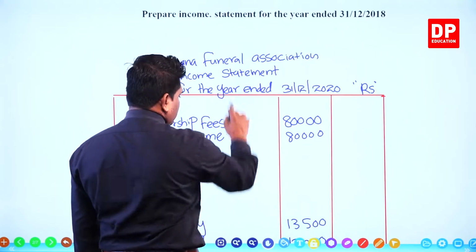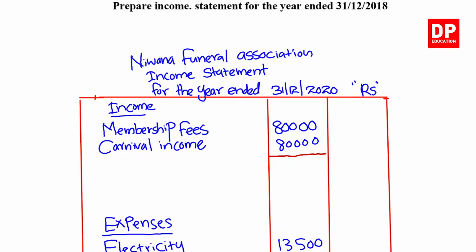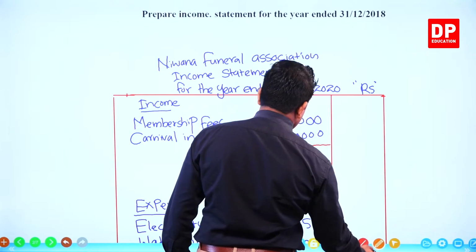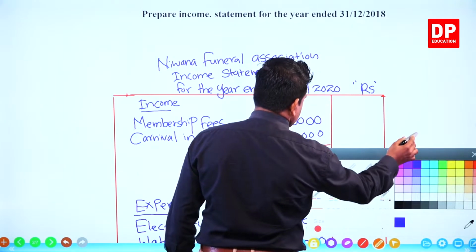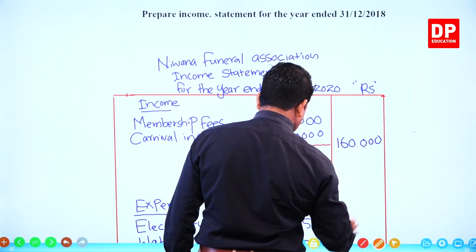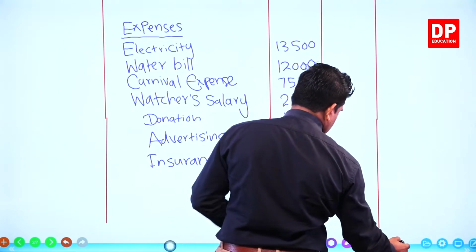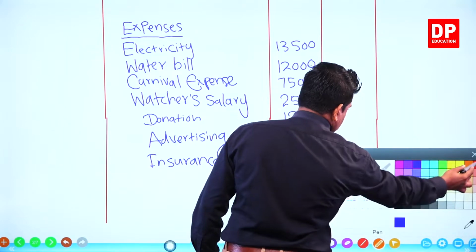Now you get the total here. 80,000 and 80,000. How much? It's 160,000. Now you get the total of the expenses.